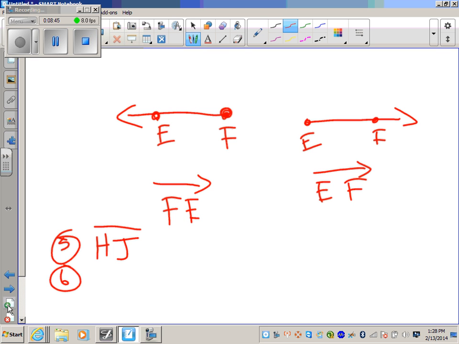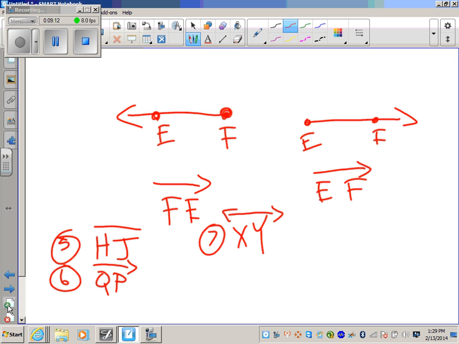How would I label QP? Looks like a ray. Willie. With the arrow toward the P? Good. And number 7. Joe. Line including the what? The arrows, right?